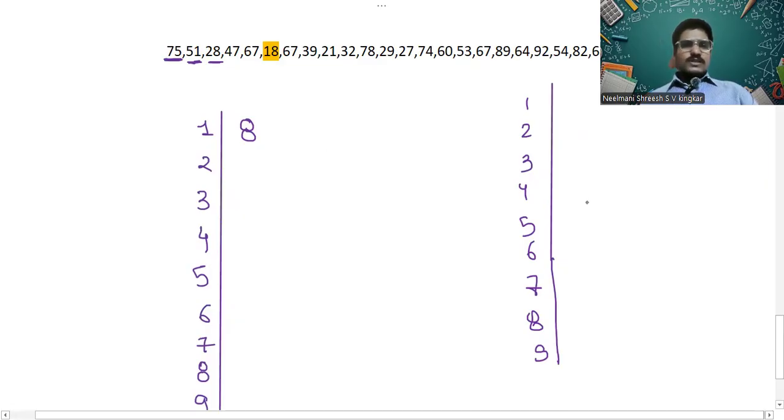in between. So let's say I just completed, this is 75, this is 51, this is 28. And as you do it, go on cutting things so you don't get confused if the numbers are repeating.